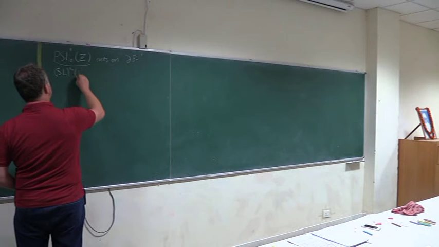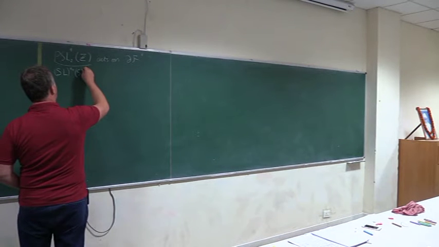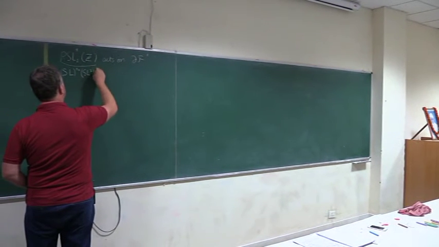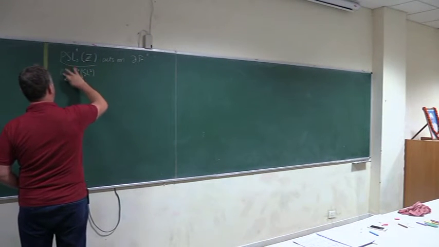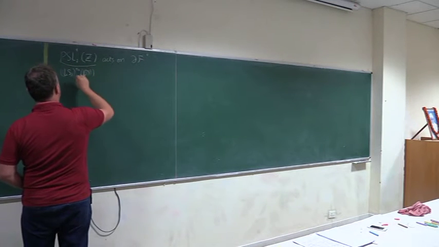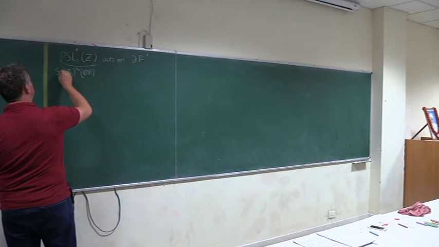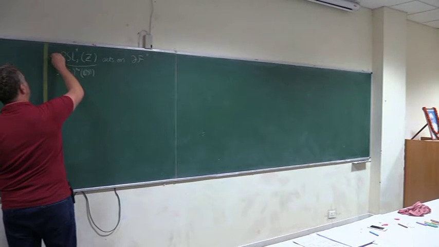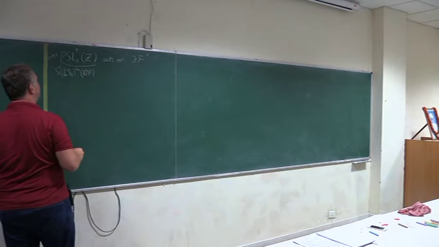Any element of this can be written in this form, or it was LS, I'm sorry, not SL, but LS, L squared S, etc., with possible S to the power epsilon here, where epsilon is 0 or 1.